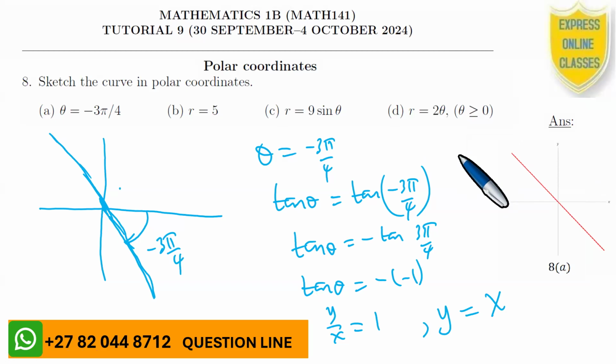So that y is x. Right, so that y actually becomes exactly x.